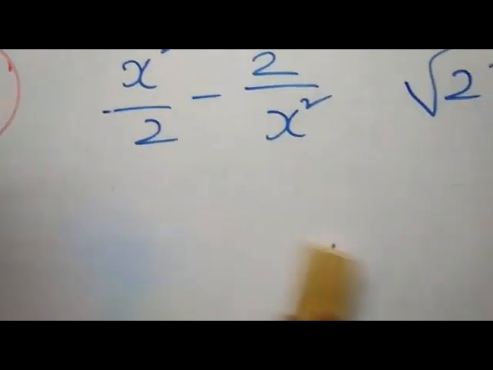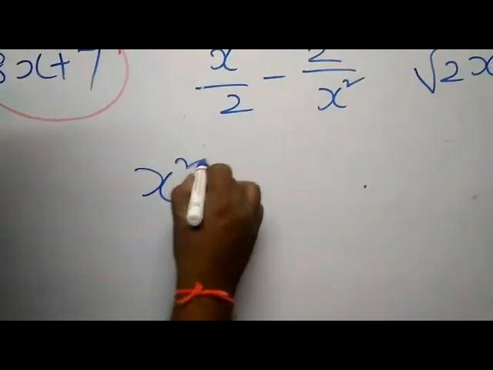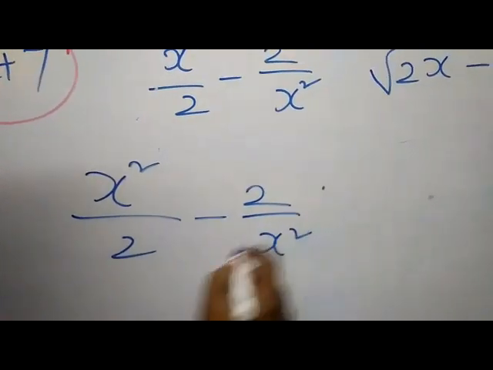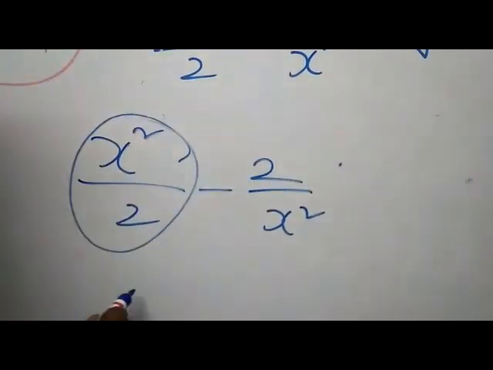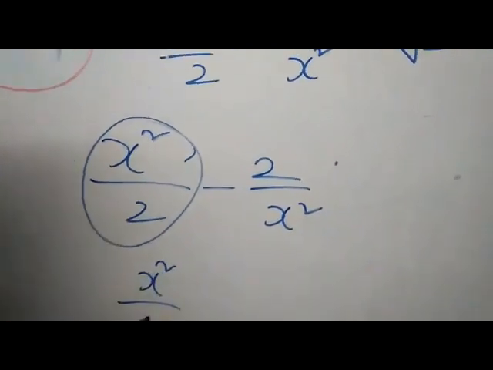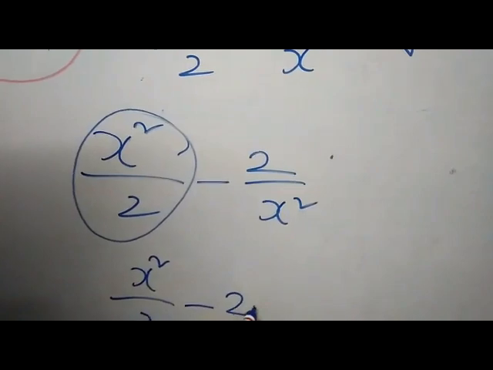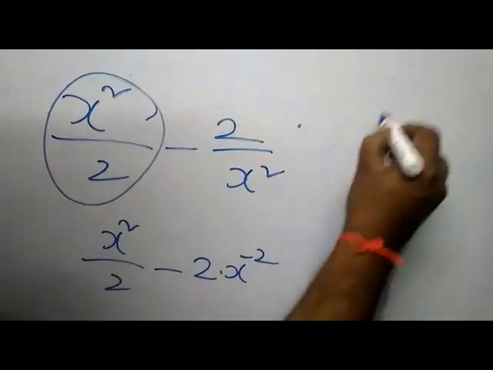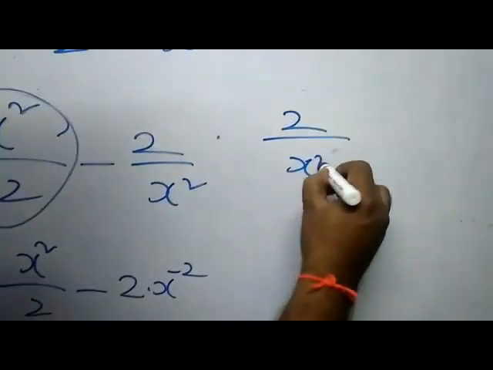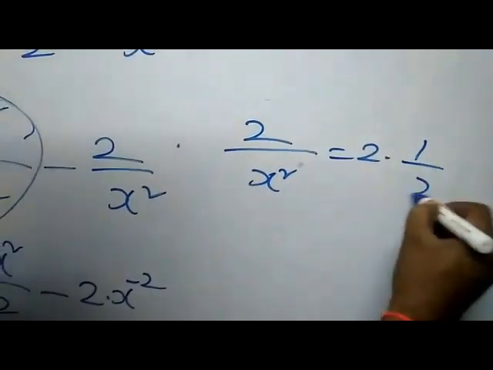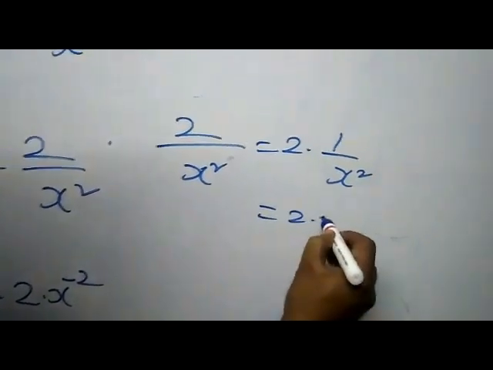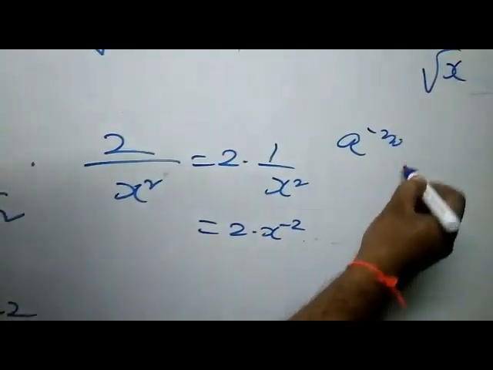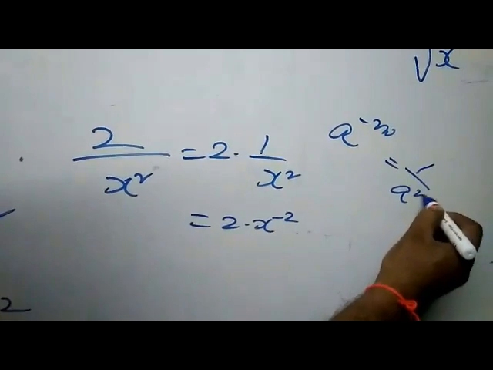Second one. x square by 2 minus 2 by x square. Here it is okay. But this is nothing but x square by 2. This is nothing but 2 into 1 by x square, 2 into x to the power of minus 2, like a to the power of minus m is equal to 1 by a to the power of m.